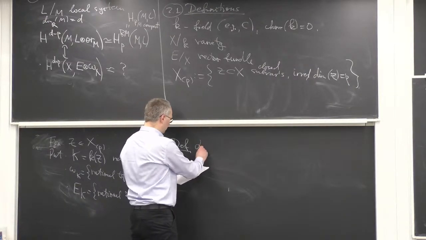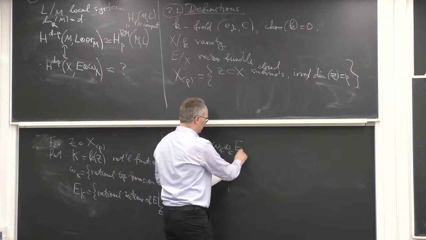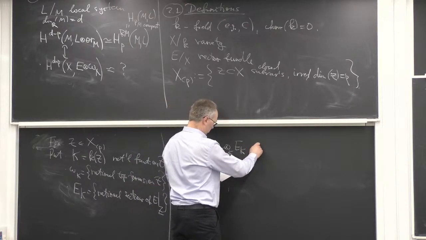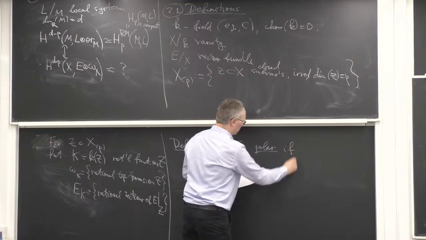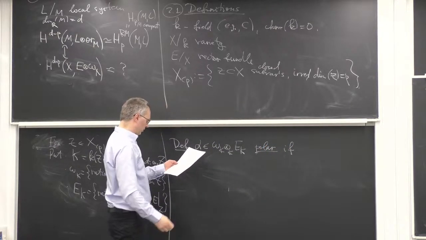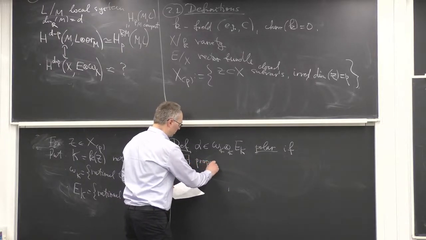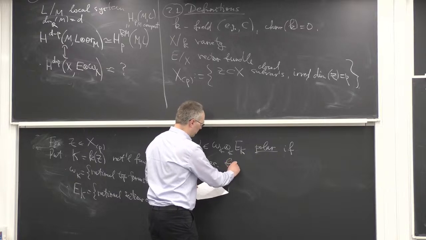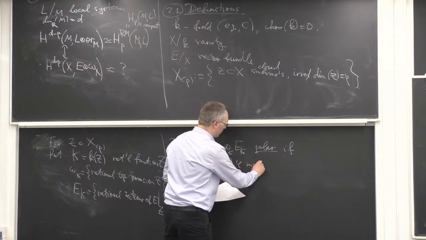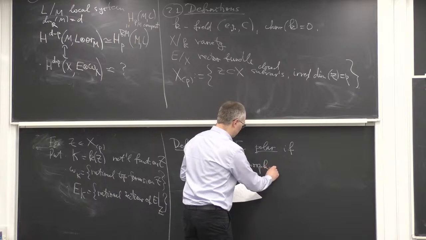So alpha inside omega k tensor Ek is called polar if the following holds. There exists a proper birational map. I will comment on what this is. Proper, and it's not to be proper birational map. Though the varieties may not be proper, I require that the morphism be proper.